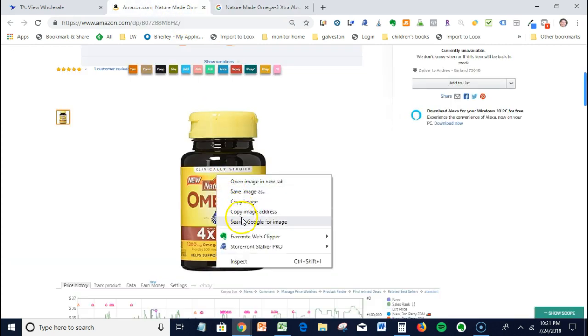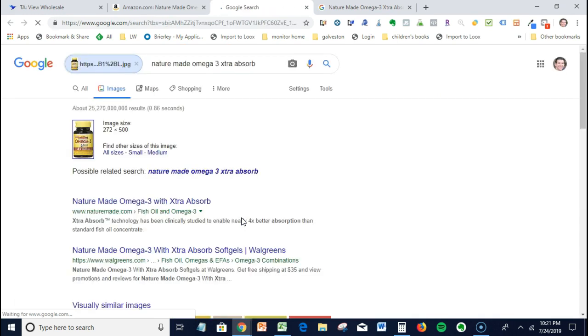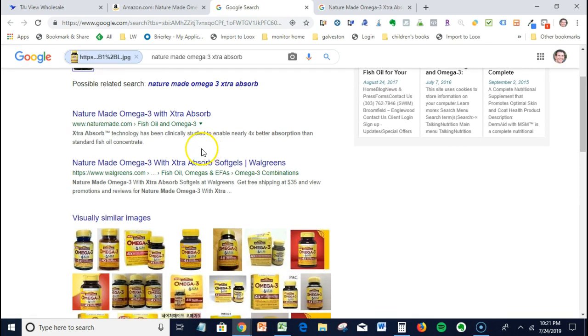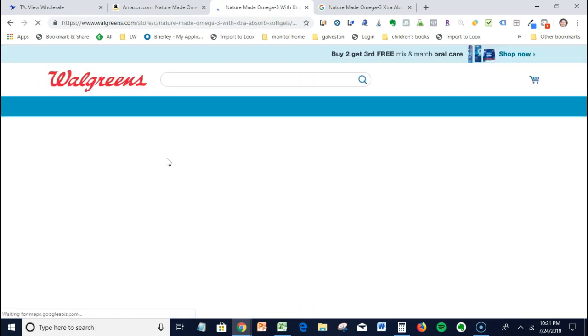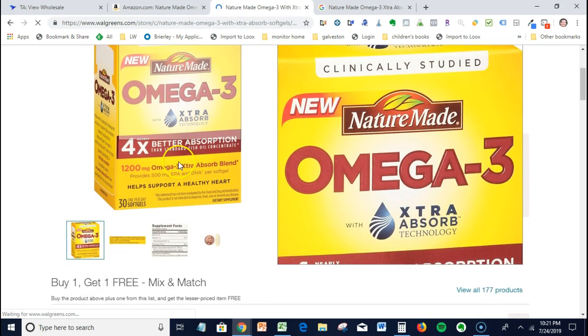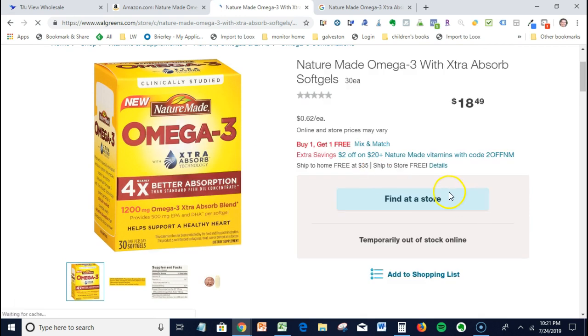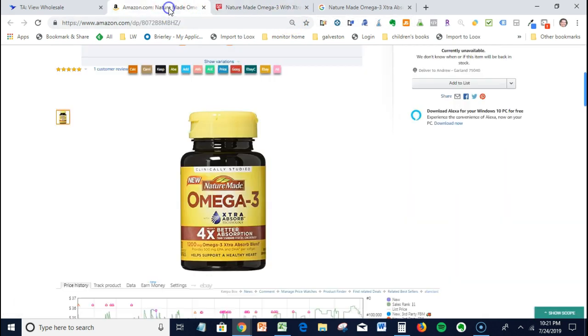Let's see, search. I said image search here. It's coming up with this thing again. That's really weird. Maybe it's a box that the thing goes inside of. But that says 30 soft gels there.